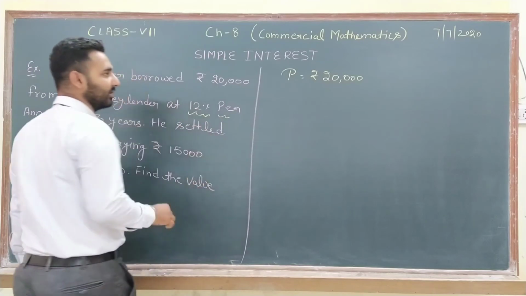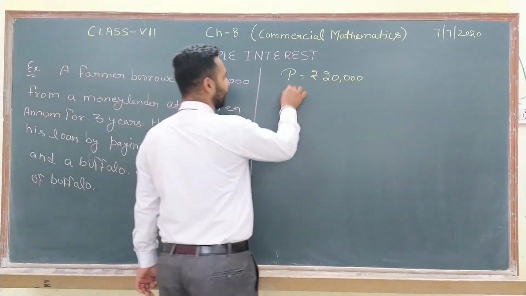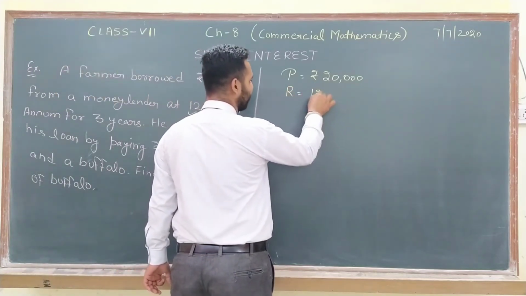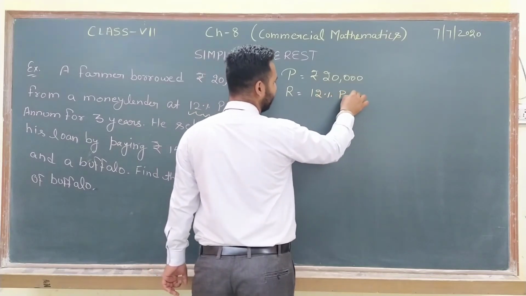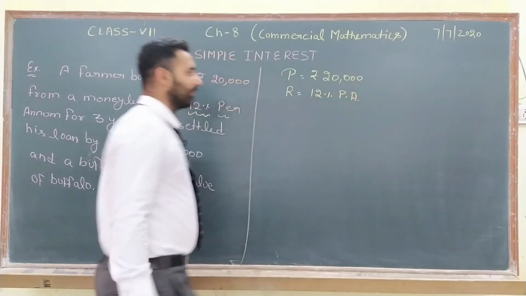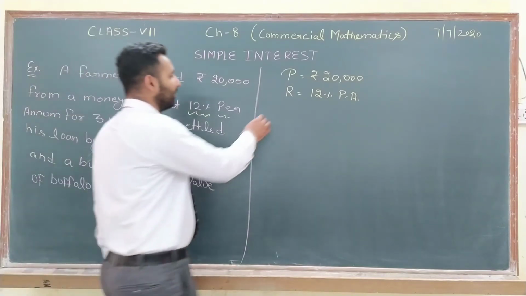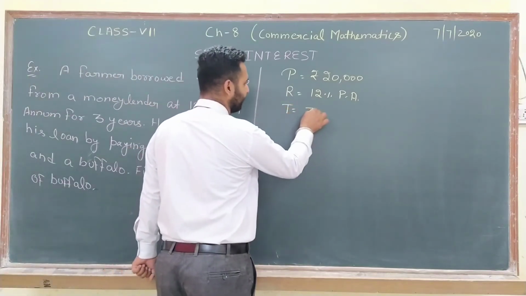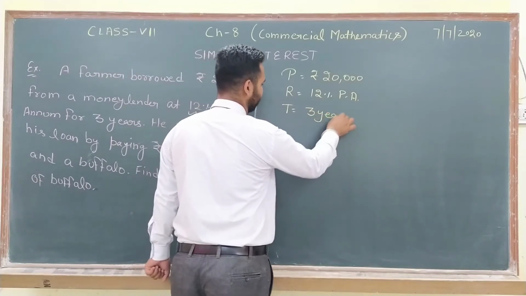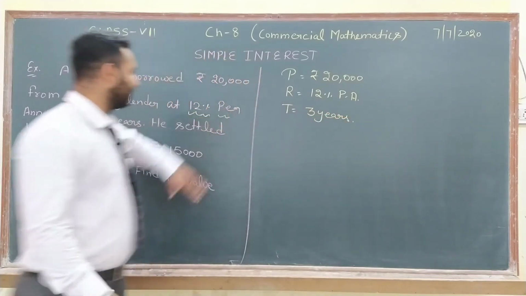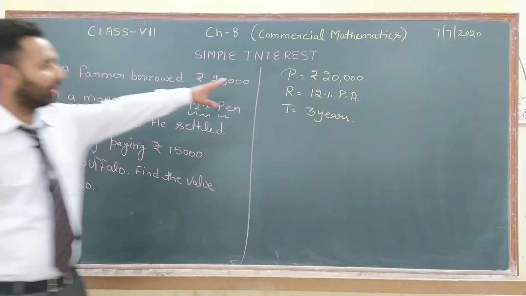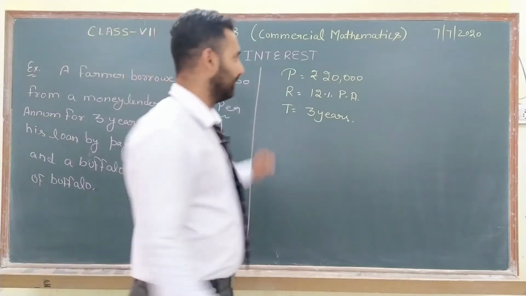Percentage per annum means rate of interest. So rate of interest is 12% per annum, for 3 years. Time is 3 years. So before reading further, solve the simple interest concept here.